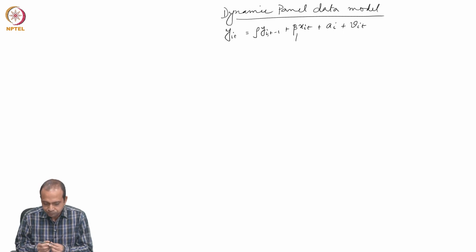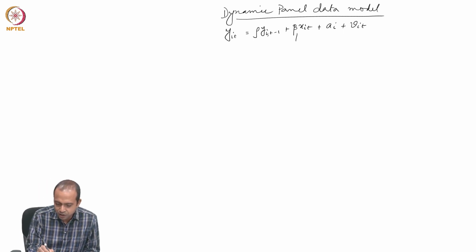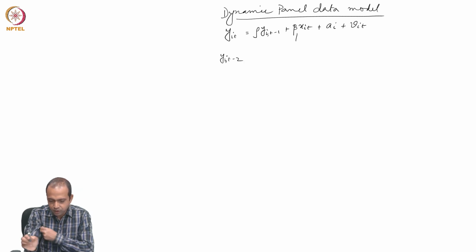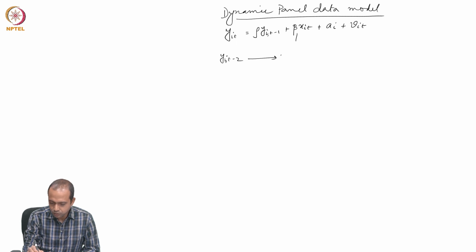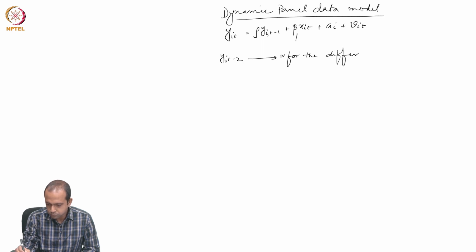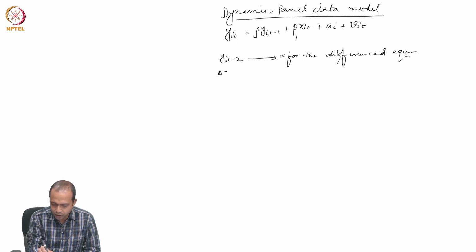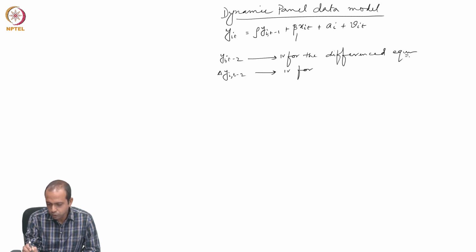Once again I will repeat: yit minus 2 is the IV for the difference equation, and delta yit minus 2 is the IV for the level equation.